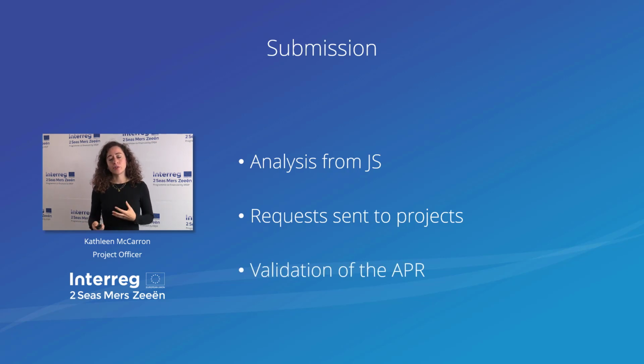Try to make the effort to really prepare in detail with the other partners and make sure that any deviation or delays are justified in your annual progress report. And when your annual progress report is validated, you will receive a notification along with the notification on your performance review.